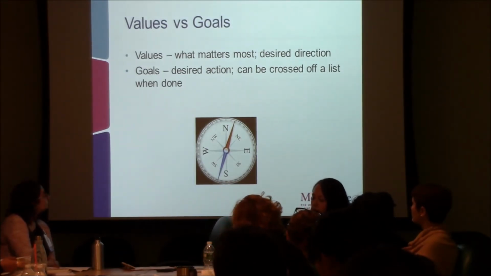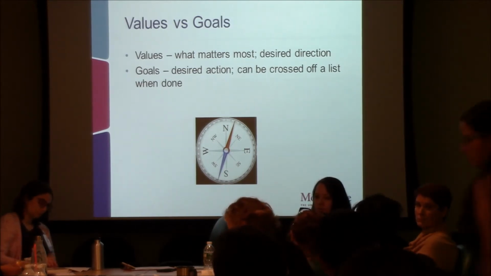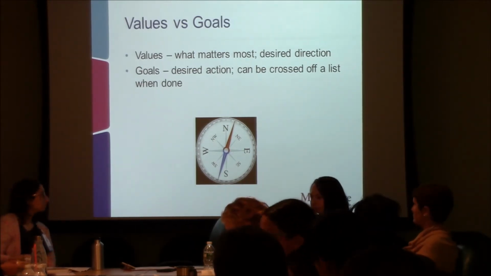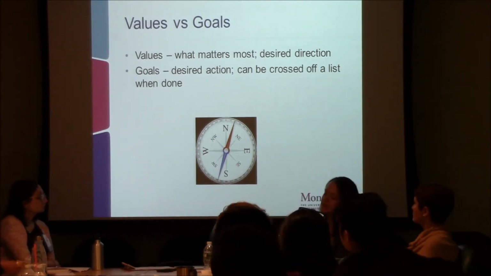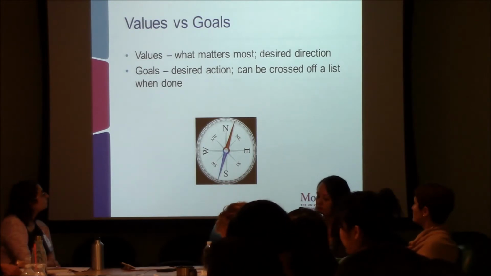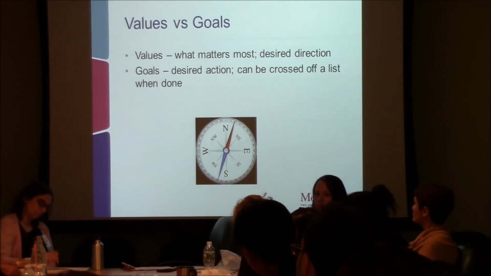What I want kids or patients to come away with is understanding the difference between a value and a goal. Values are what's important to you, what matters most. Katie mentioned the compass, so I'll show you the life compass on the next page, but you think of your values as your compass. You're walking through the woods and this is helping you figure out which direction you want to head.